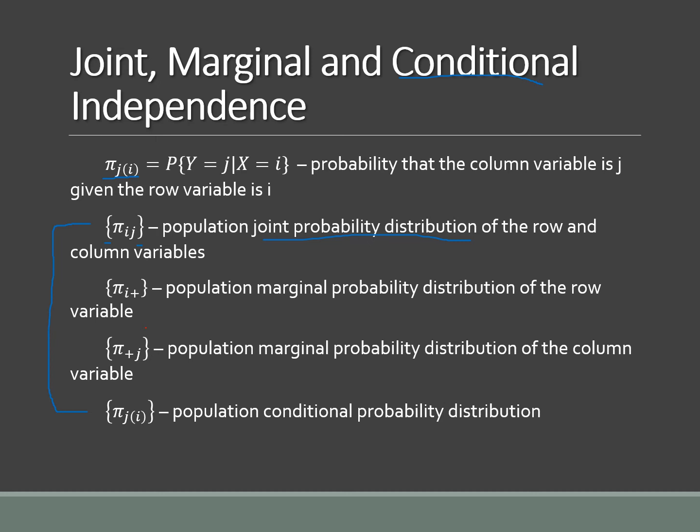If you are not enclosing, you are talking about a specific probability, meaning you need to indicate the value of j and the value of i. But here, this is a probability distribution, so you would list down all the possible values for all scenarios of i's and j's. Okay, so hopefully this is clear, but we will still have an example for this later.